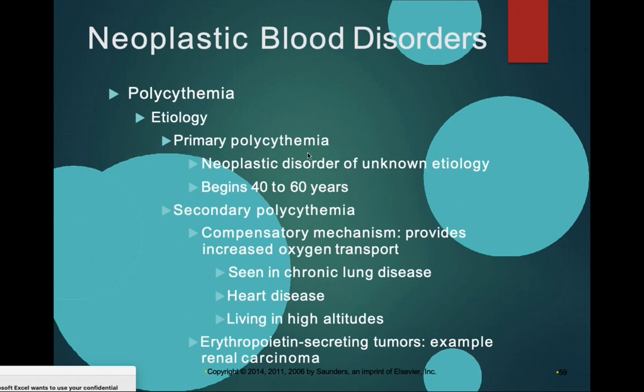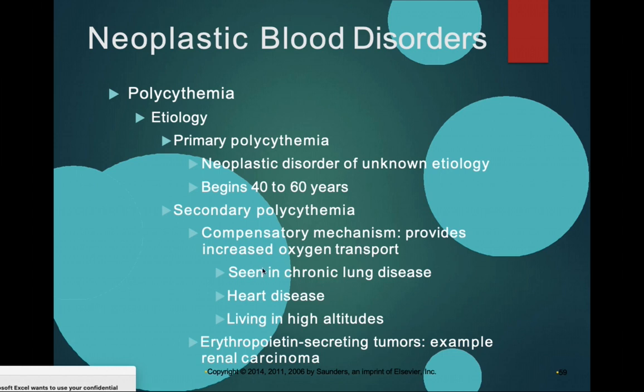In primary polycythemia, it's a neoplastic disorder, unknown cause, begins between the ages of 40 to 60, whereas secondary polycythemia is more of a compensatory mechanism that's designed to provide more oxygen and transport.